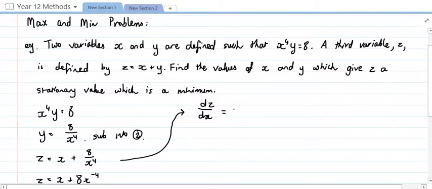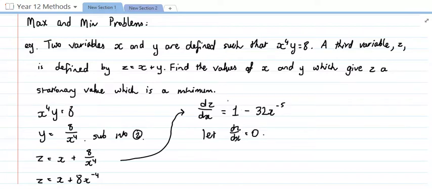So when I differentiate that, I just get 1, and then it's going to be minus 32x to the negative 5. Now, the next thing I need to do is make this here equal 0, because that's where it's going to be a stationary point. So I'll just say let dz dx equals 0.